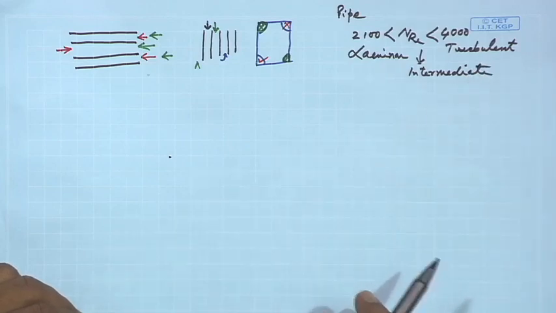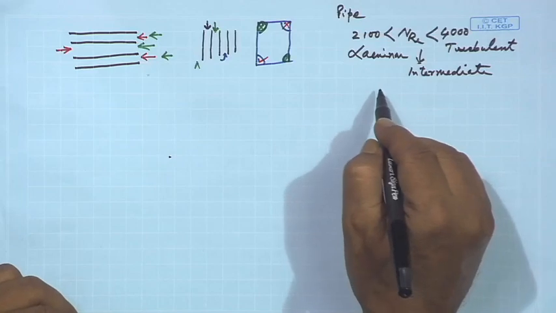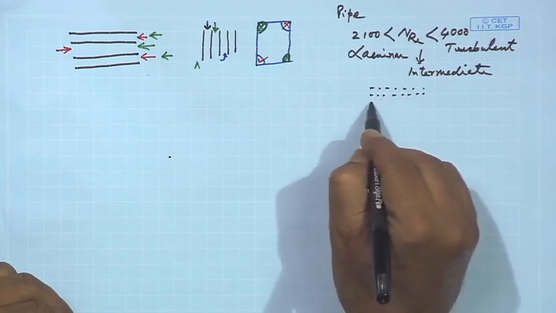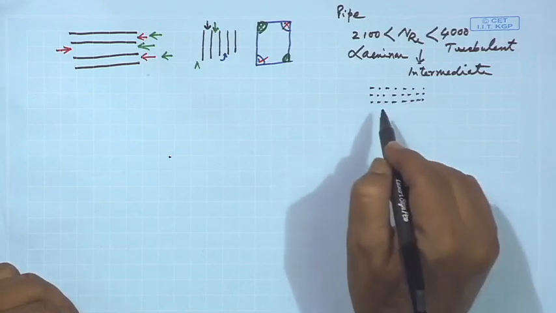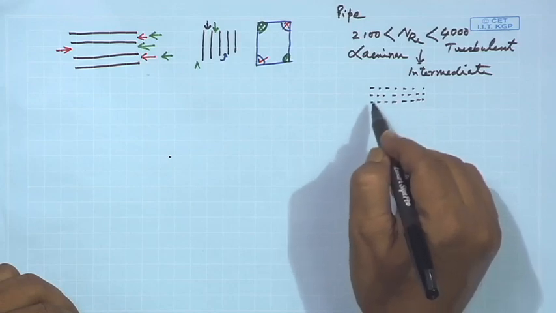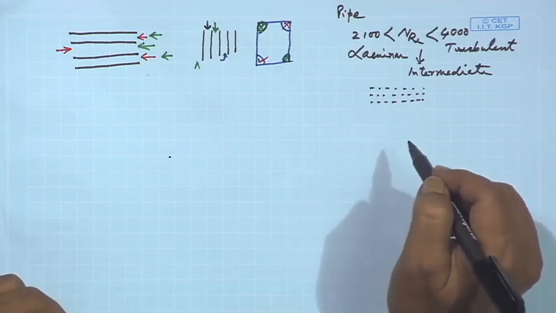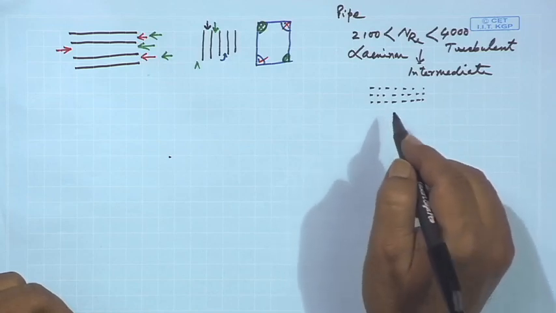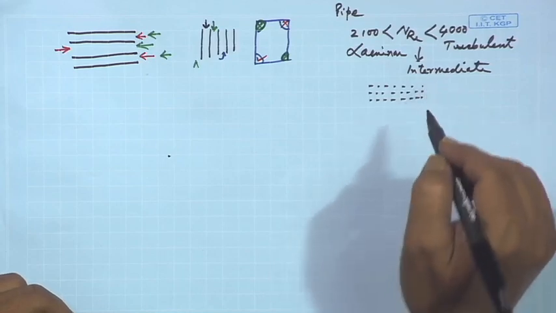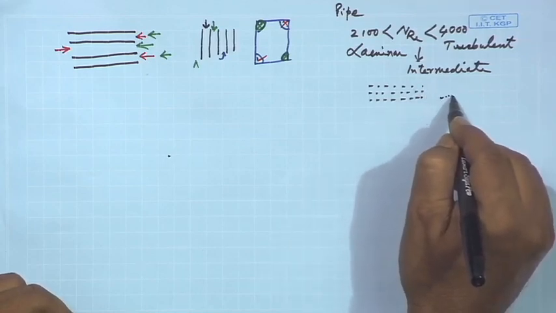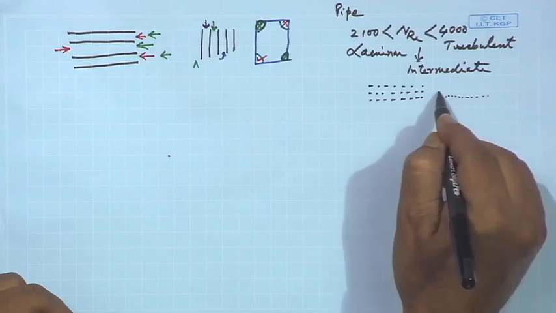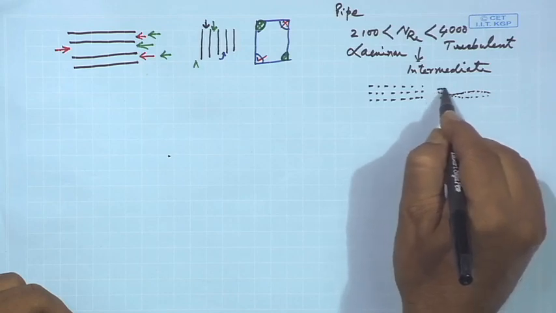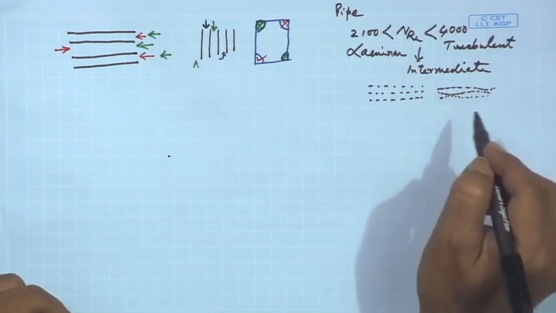If you remember, we had said that laminar flow means this is the flow, this is the flow, this is the flow. So all these layers of the fluid are not interchanging or interacting with the other layers. If it is intermediate, it will be going like this, and some may come and exchange, so there could be some exchange.